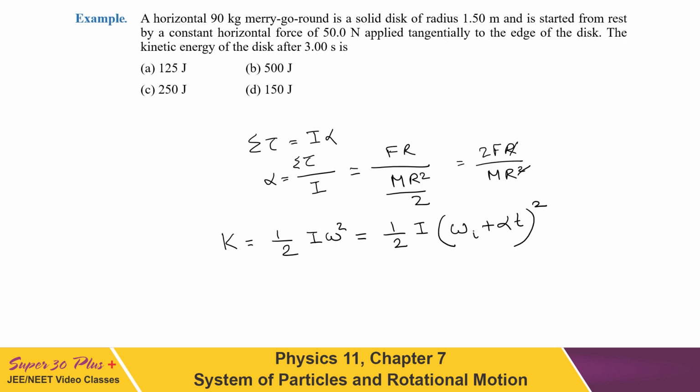On substituting now, we will get 1 by 2 I alpha square t square. Initially it was at rest, so omega I is equal to 0. On substituting all the numerical values, first its value will be F square t square upon m, and then finally 250 joule, which is our option number C.